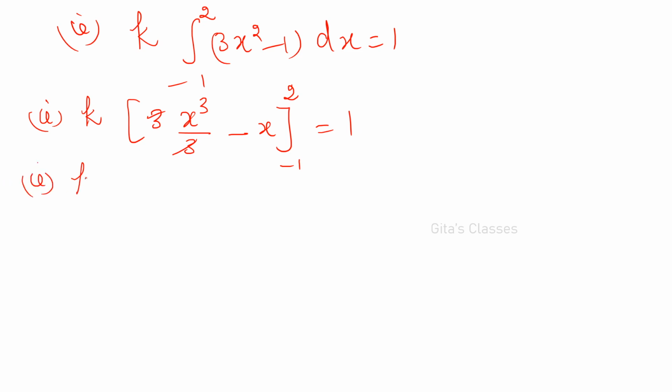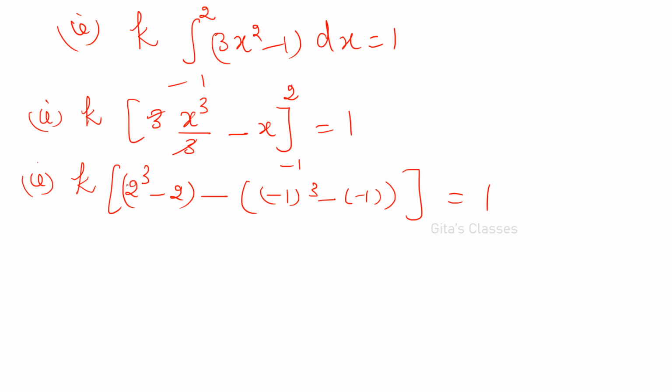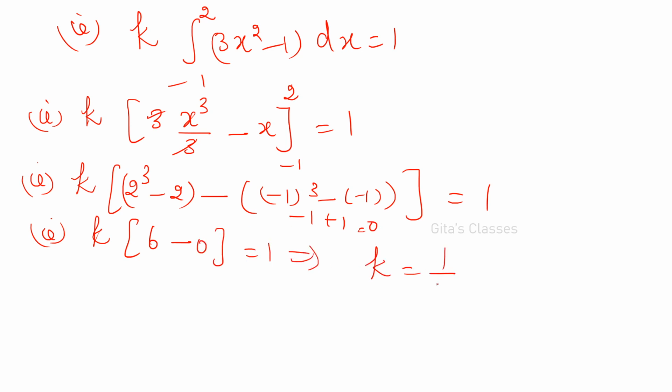That is k into, when you substitute the upper limit, it is 2 cube minus 2, and for the lower limit minus 1 the whole cube minus of minus 1, is equal to 1. What about this value? 8 minus 2, it is 6. Minus, what about this value? Minus 1, minus of minus is plus 1, so this will become 0. So 6 minus 0 is equal to 1. Implies k is equal to 1 by 6.